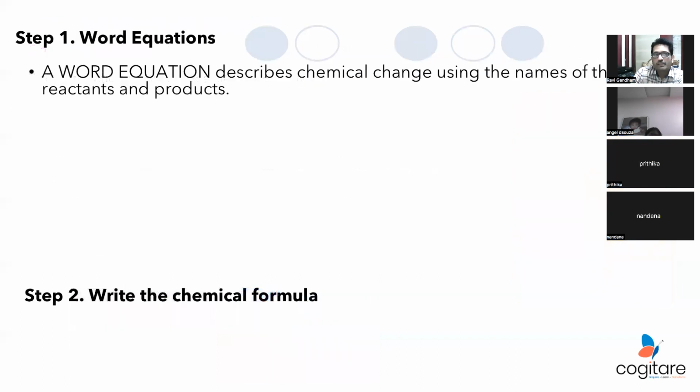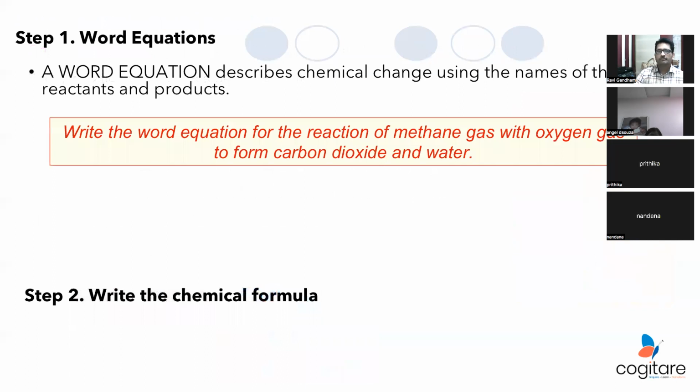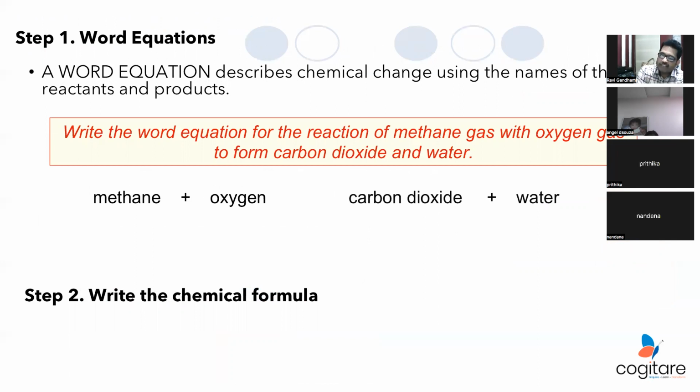Okay. So we look at a particular equation here. What we say is methane reacts with oxygen to form carbon dioxide and water. So what do you do first? You just write down the word equation of the reaction: methane gas reacts with oxygen to form carbon dioxide and water. This is what you write. That's what I told you. Step 1 should be this.